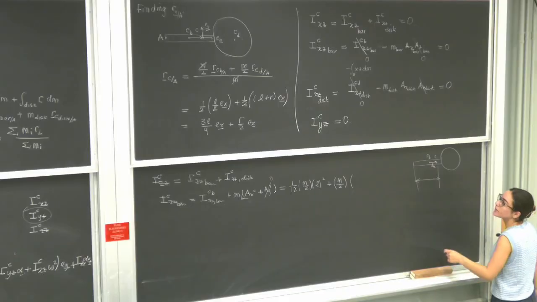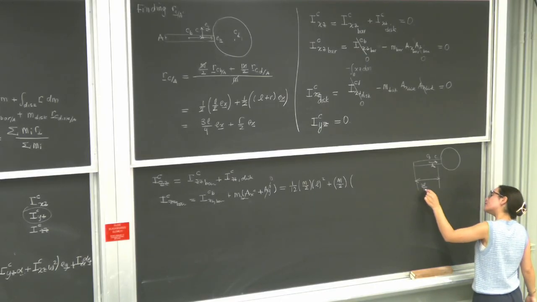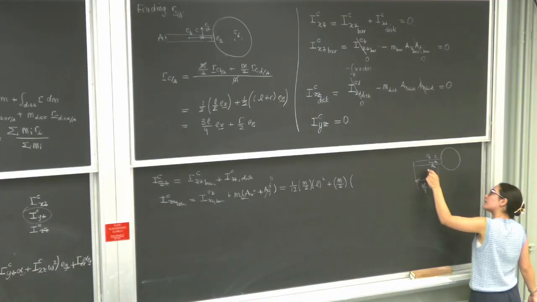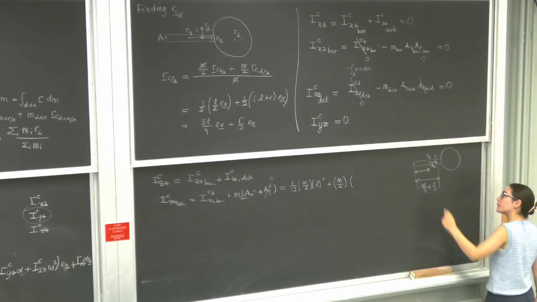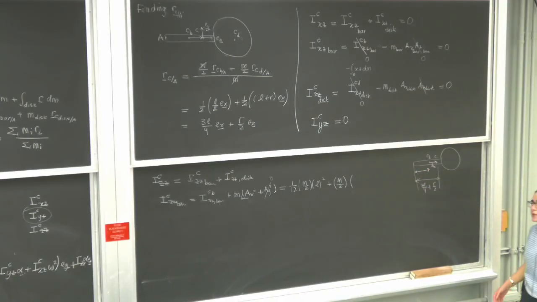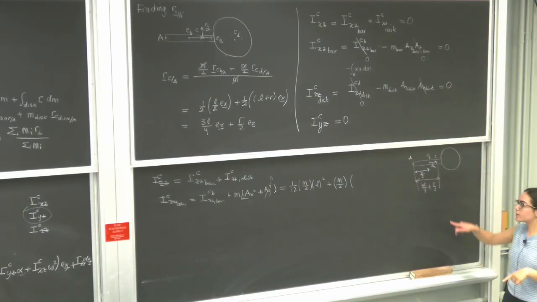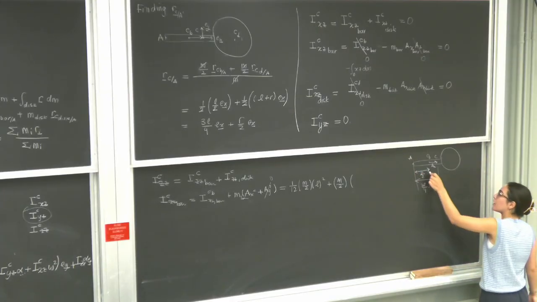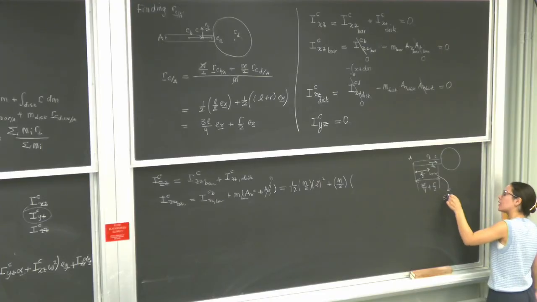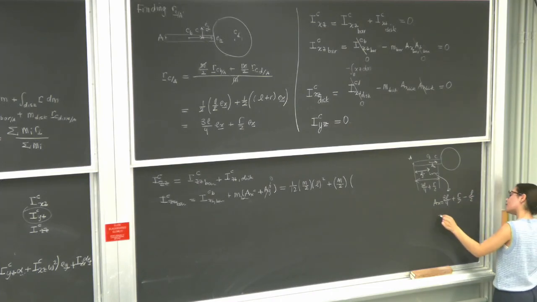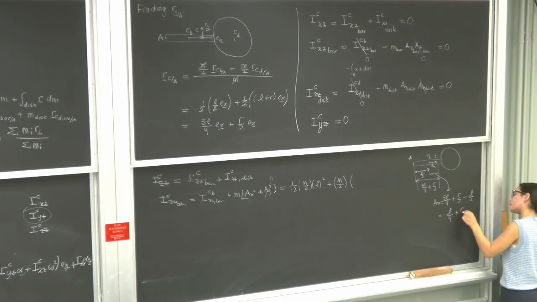So that's going to be equal to 3L over 4 plus R over 2. And I know that this distance from A to C_B is L over 2. So I can find a_x as the difference of the two. So a_x is going to be equal to 3L over 4 plus R over 2 minus L over 2, which is L over 4 plus R over 2.